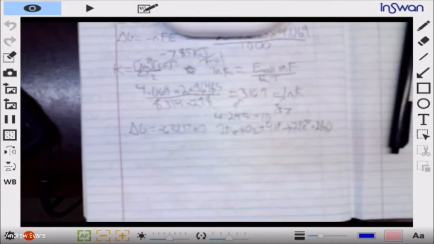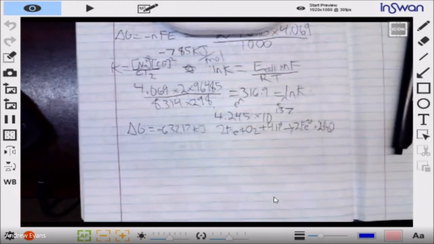Is that clear enough on your guys' screen? There we go. That might be a little bit clearer.